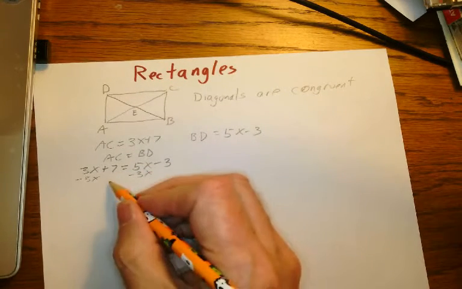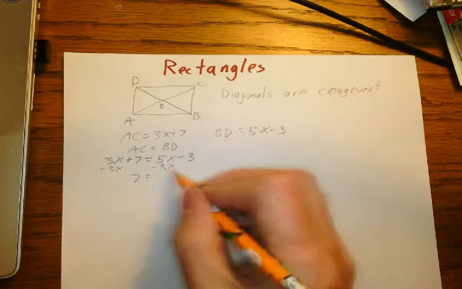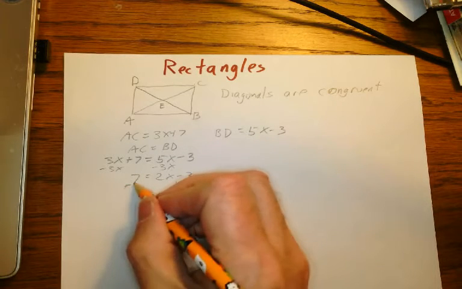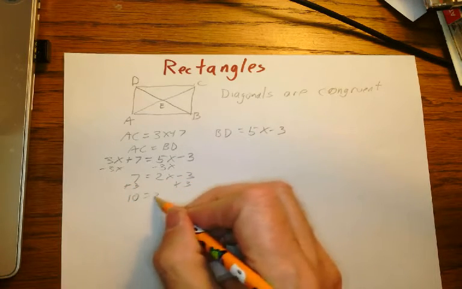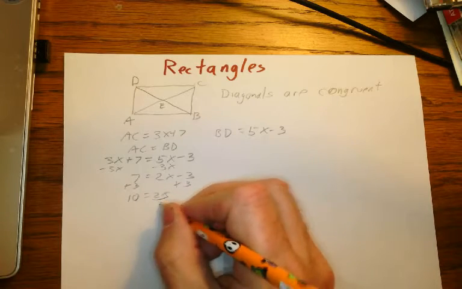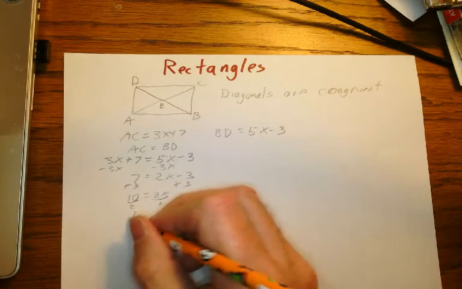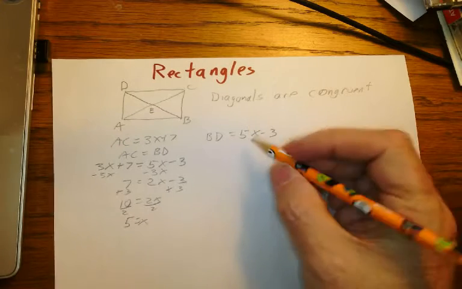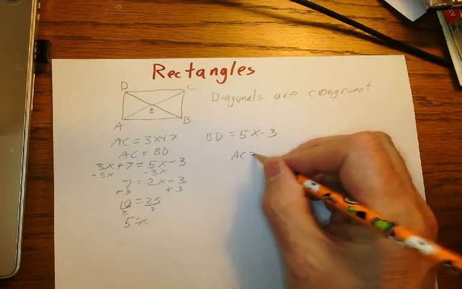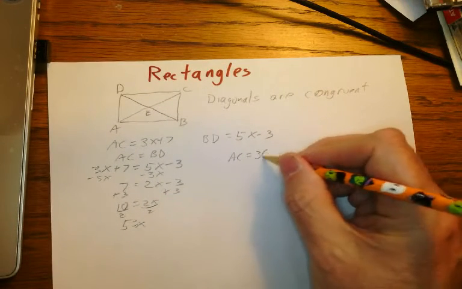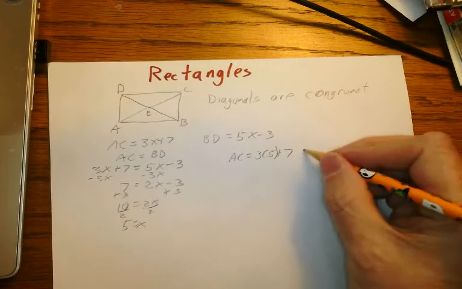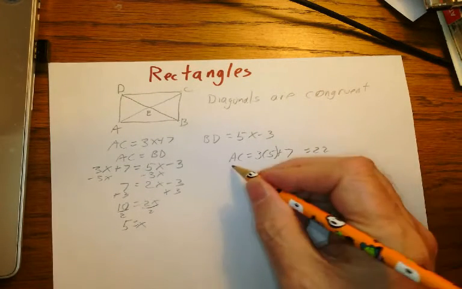By minusing 3x from each side, 7 equals 2x minus 3. Let's add the 3. You get 10 is 2x, and we'll finish this problem by dividing by 2, and you get 5 is equal to x. So if we look here, AC is equal to 3 times 5 plus 7. 15 plus 7 is 22.